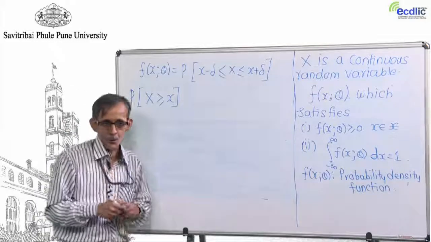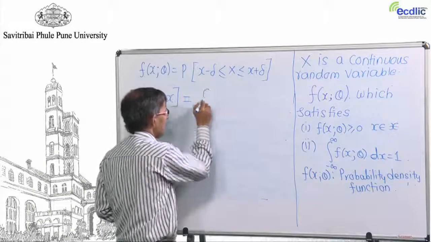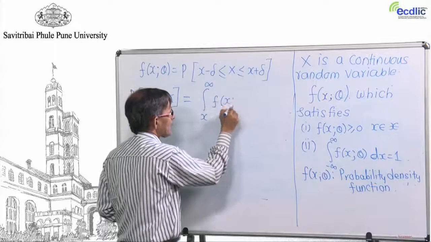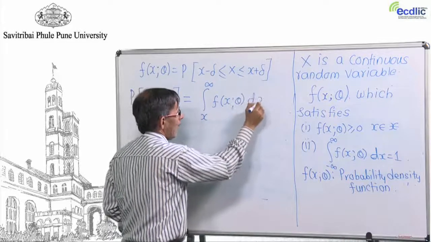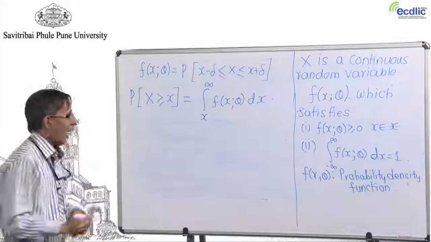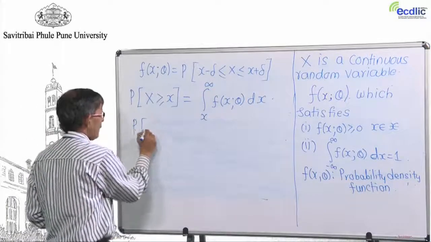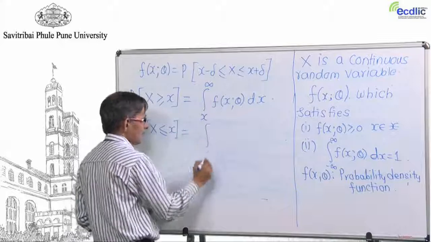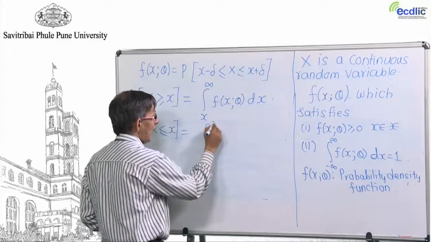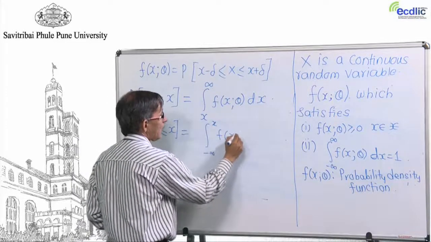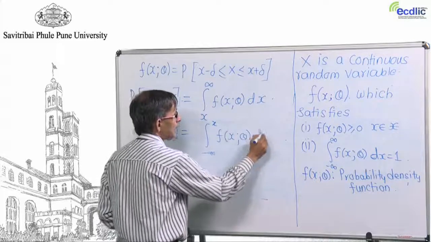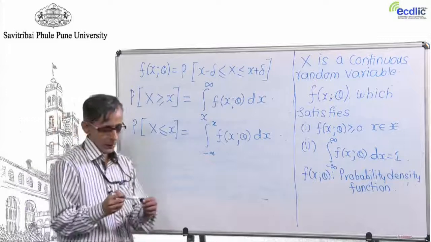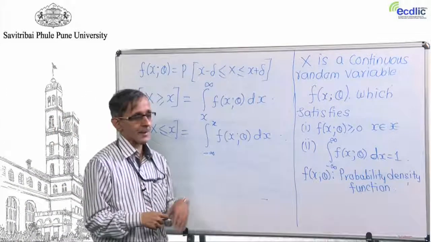Same logic will be used here, and this will be computed as the integral from x to infinity of f(x, theta) dx, and the probability of x less than or equal to x is the integral from minus infinity to x of f(x, theta) dx. This is how, again, f(x, theta) is a model.